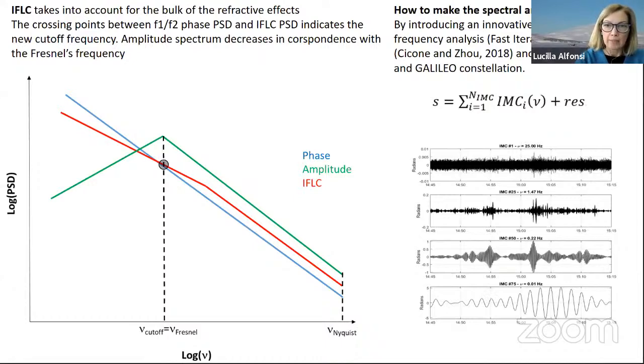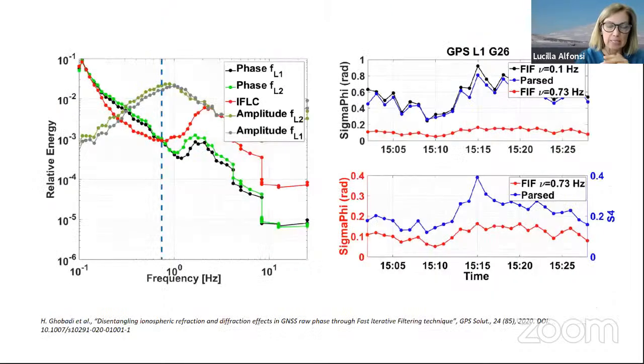So to do that, we have used a new approach that is called fast iterative filtering. It is a nonlinear analysis method that from a mathematical point of view is more robust with respect to other methods such as the Fourier analysis or the wavelet analysis, and we apply this to one chunk of data.